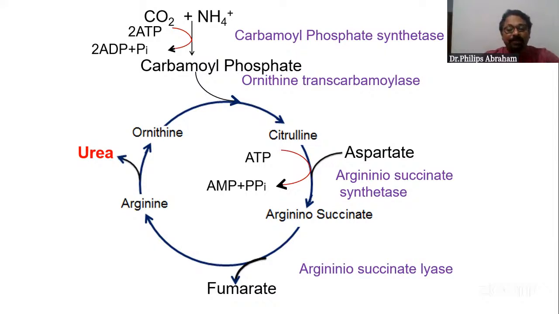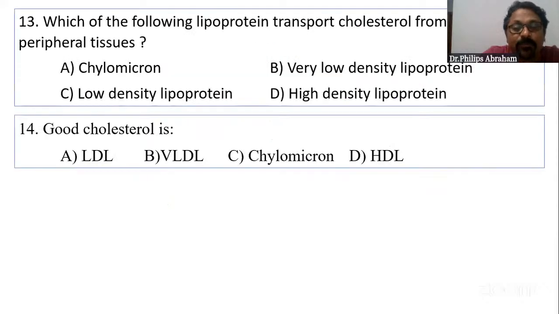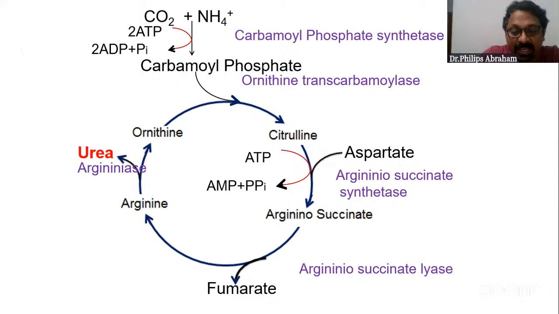But the matter is that the fumarate produced in this urea cycle is released and enters the TCA cycle, and in the TCA cycle this fumarate will produce 1 NADH. 1 NADH can generate 2.5 ATPs.